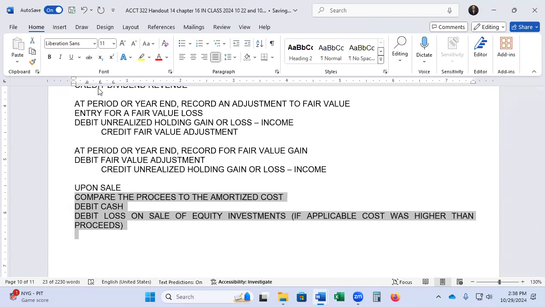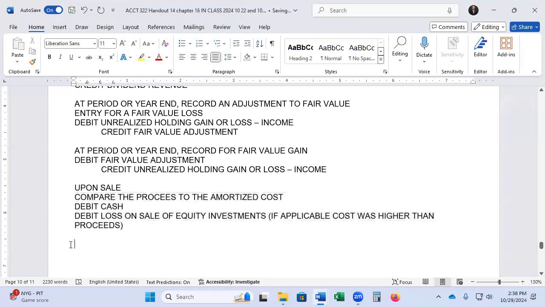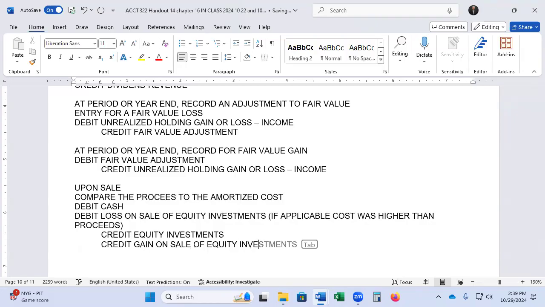And then you would credit equity investments. And you would credit gain on sale of equity investments, if applicable.